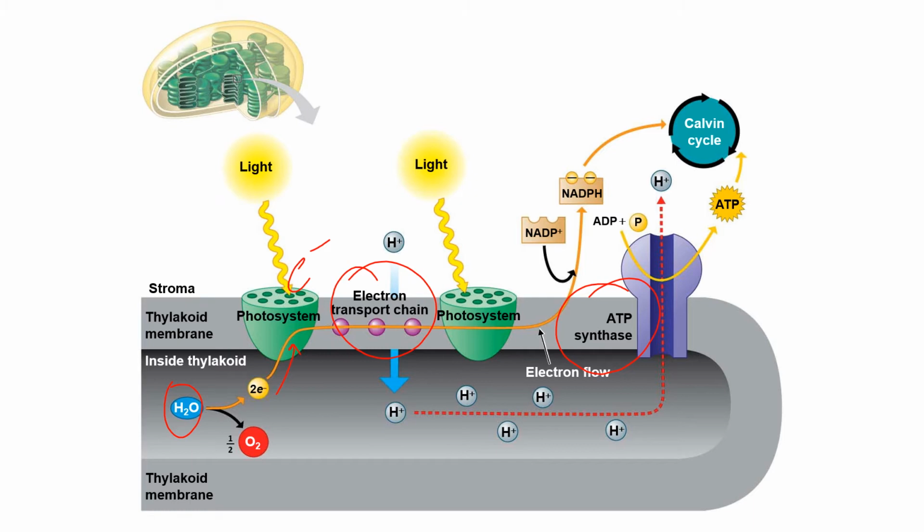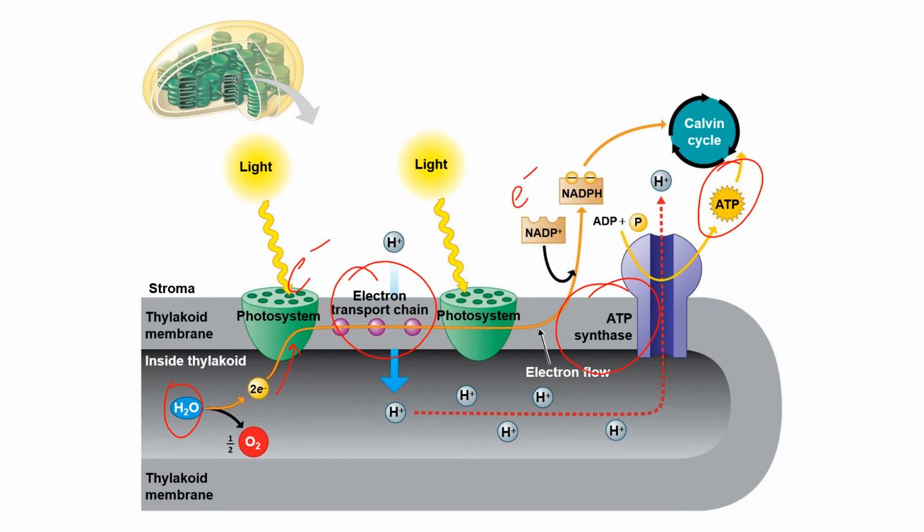During the electron transport chain, when the electrons are jumping up and going down, the ATP synthase is going to start making ATP during that process.